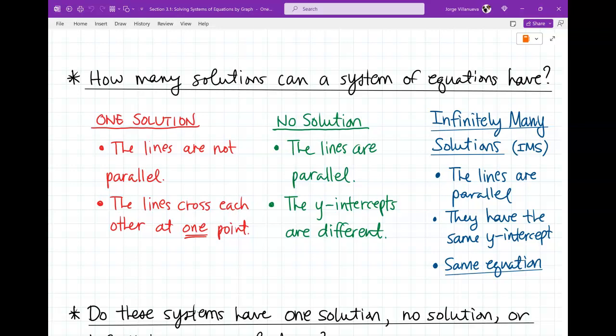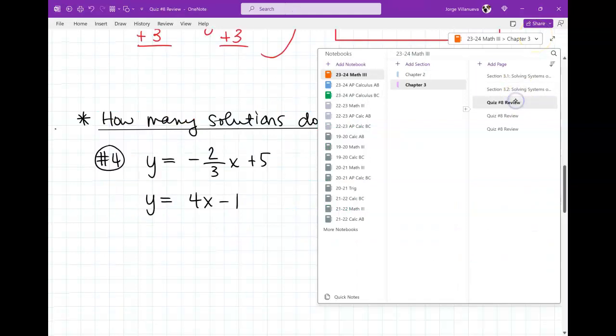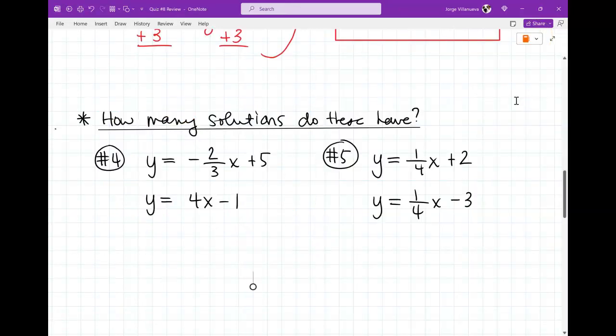So if the slopes are different, 1 solution. If the slopes are the same, now you either have none or infinitely many. So now it depends on your y-intercept. If your y-intercepts are different, there's no solution. If your y-intercepts are the same, infinitely many. That is something I would recommend you memorize because it's going to help you do the work faster.